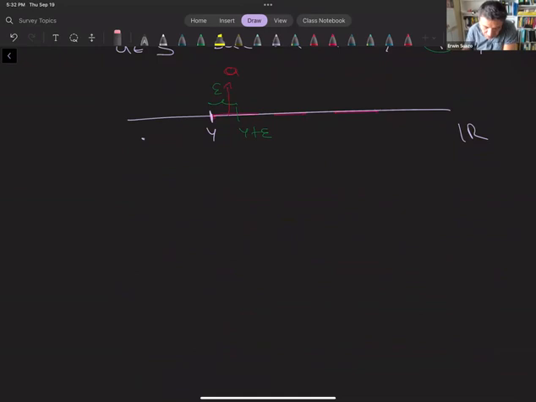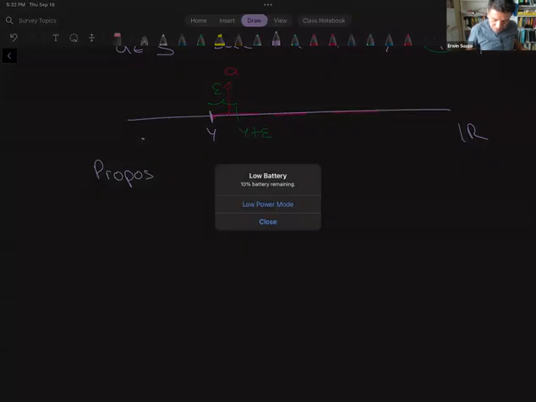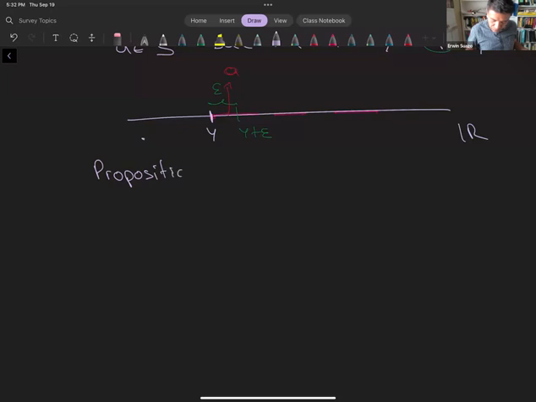So let's do the theorem. Let's say a proposition. It's called the triangle inequality.